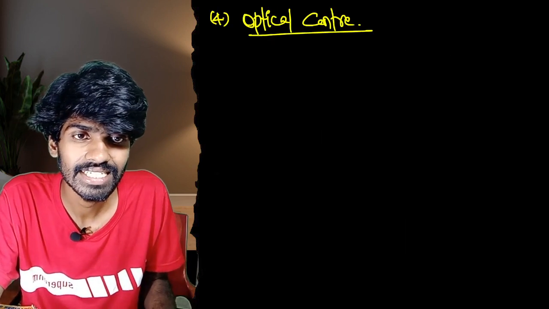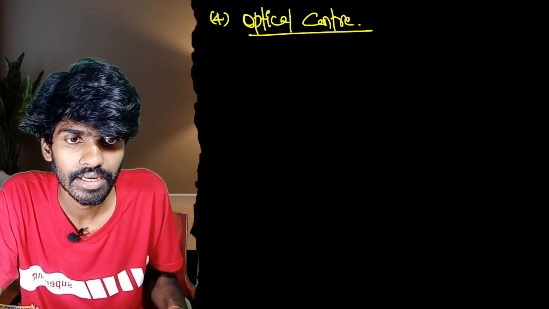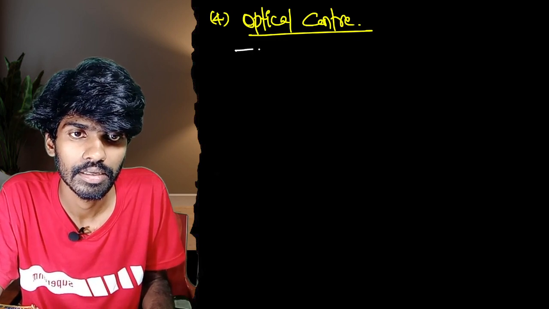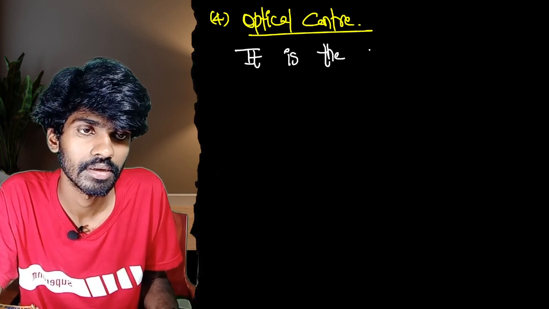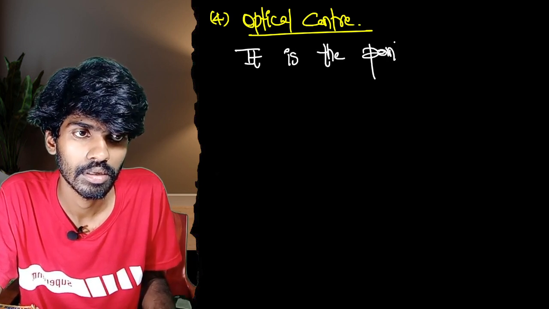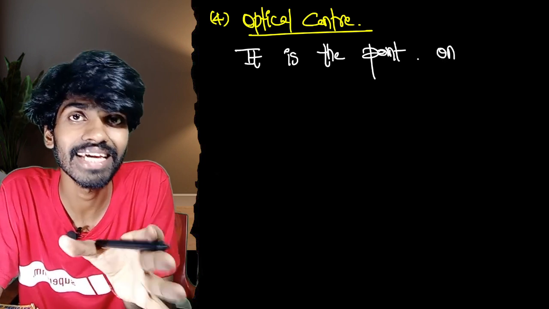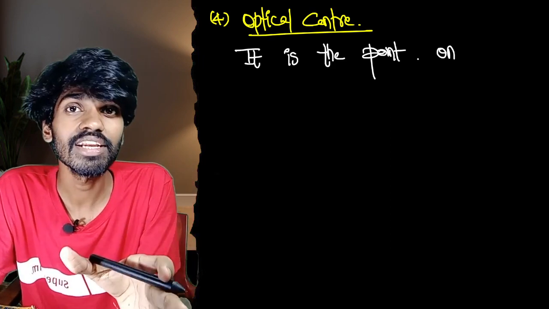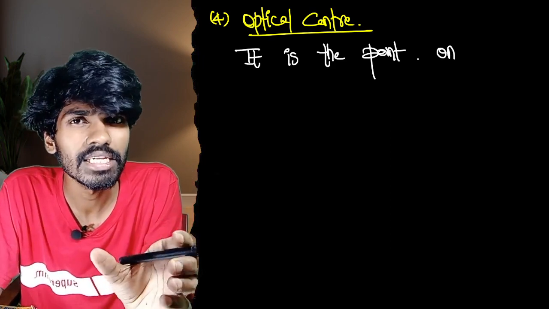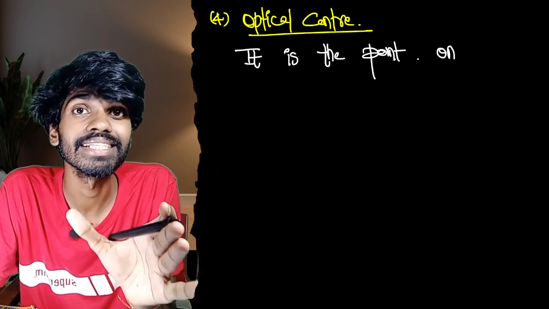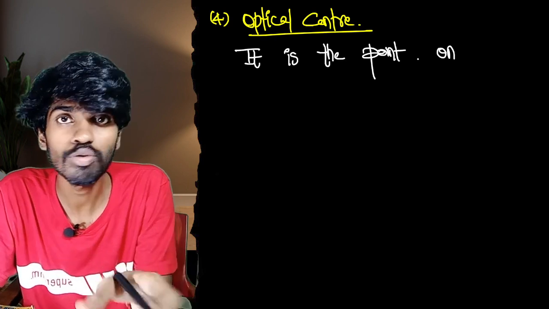Now let us discuss optical center. About optical center, you can write it is the point on which, if a ray comes, it will go undeviated for a very thin lens, or if the lens is a little bit thicker, then the emergent ray will be parallel to the incident ray.